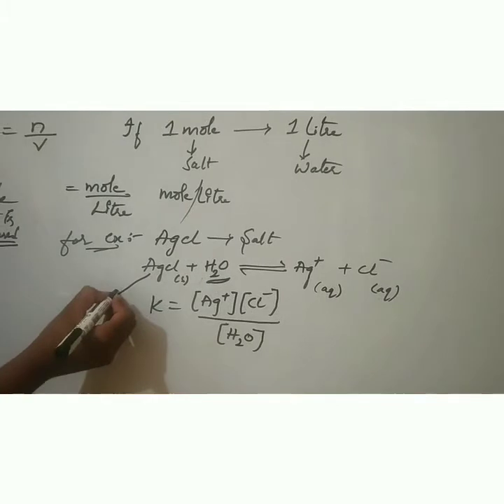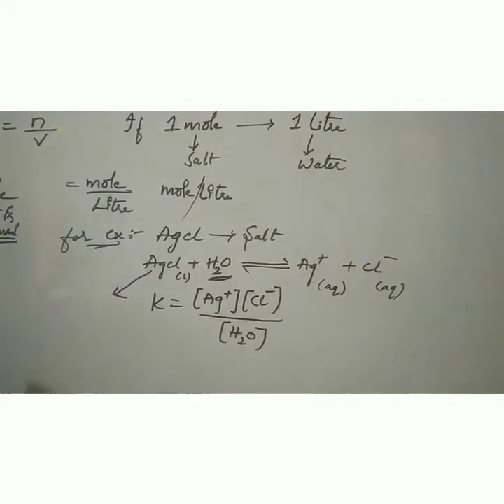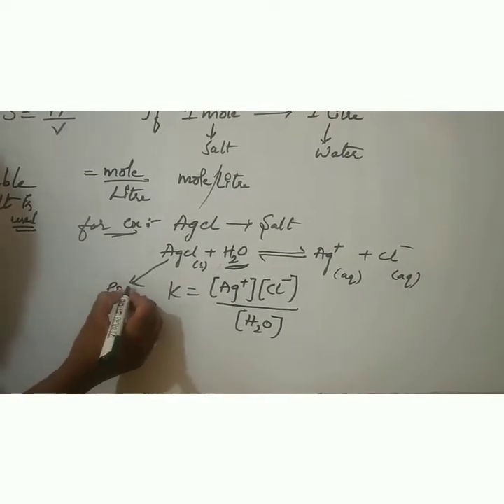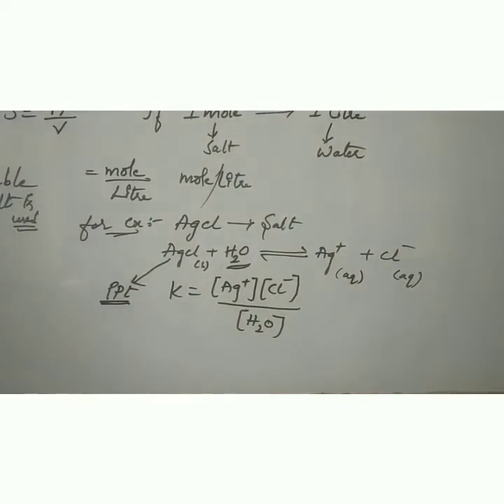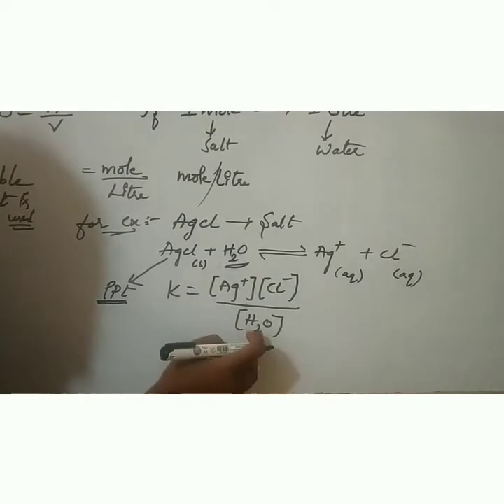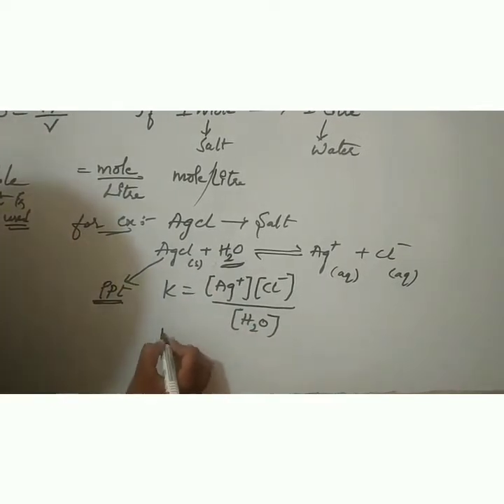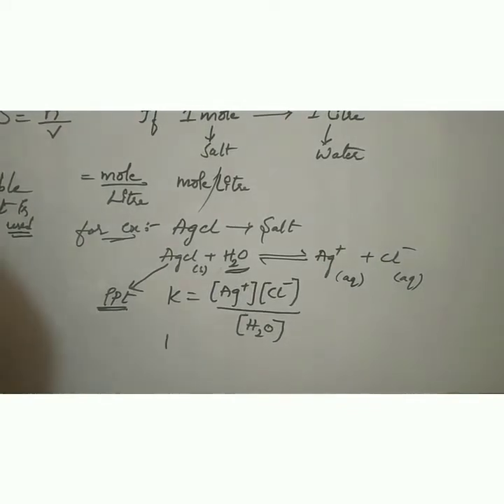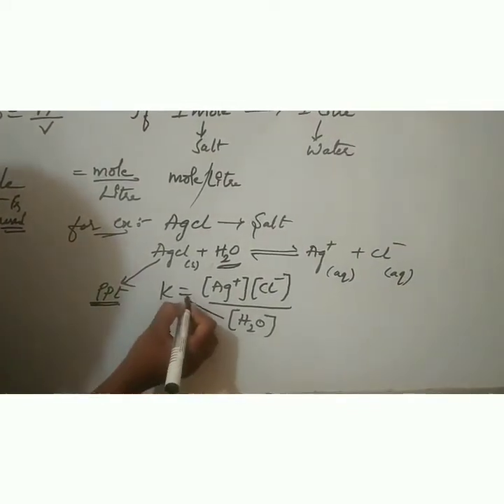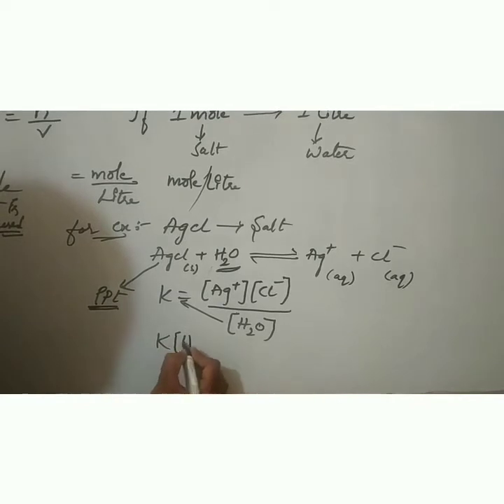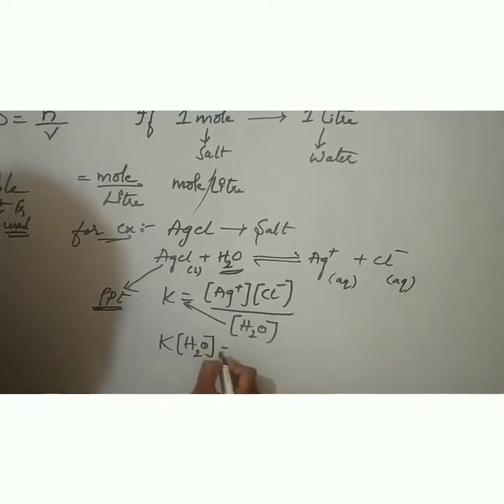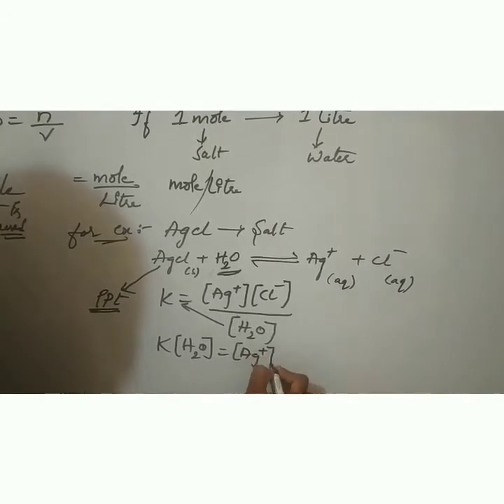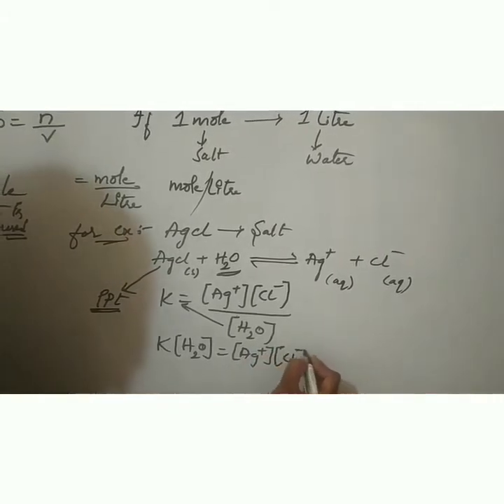Taking AgCl, it does not react with water because it forms a precipitate. So we are going to calculate how much Ag ion and Cl minus ion is going to dissolve in water.